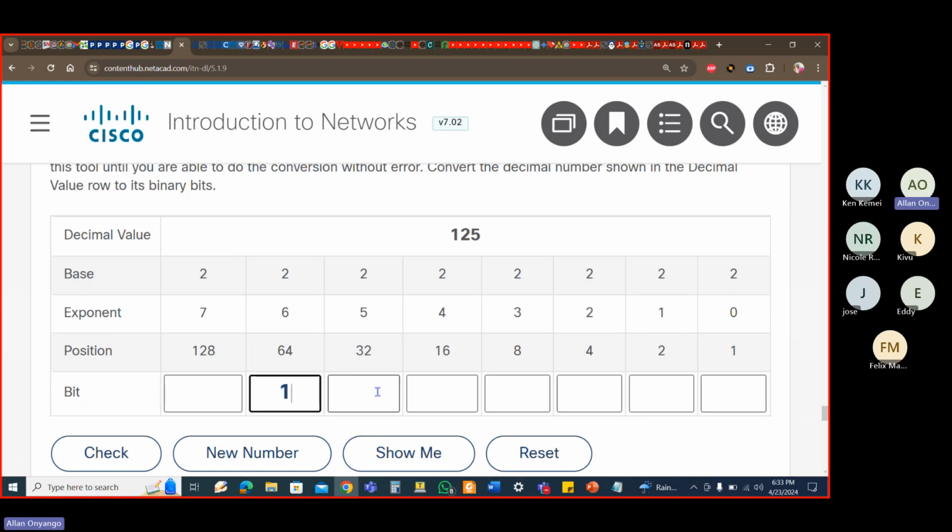What is 61 minus 32? 29. 29 minus 16, we get 13, isn't it? 13 minus 8, 5. 4 plus 1. Very good. And the rest is going to be zeros. So you see how we play around with the numbers. Yes, it's very, very important.